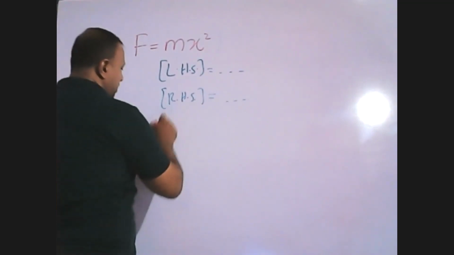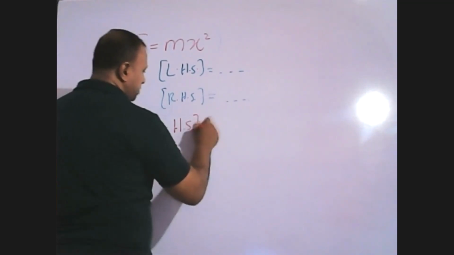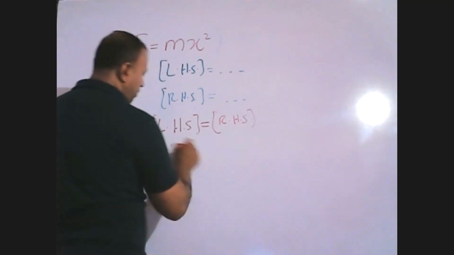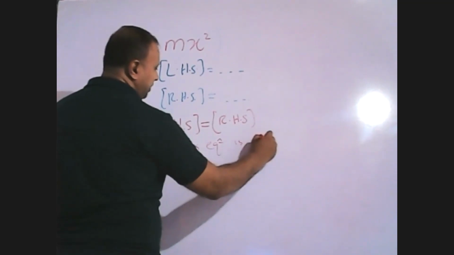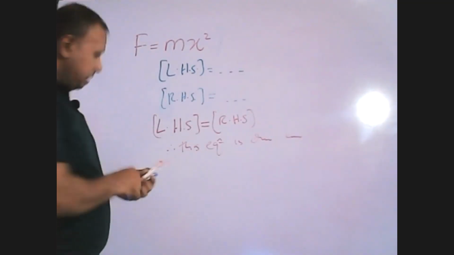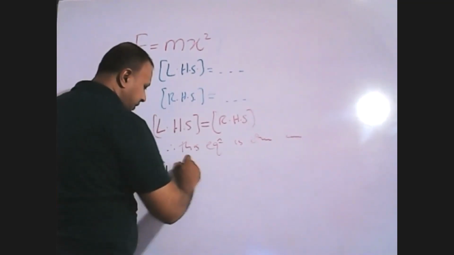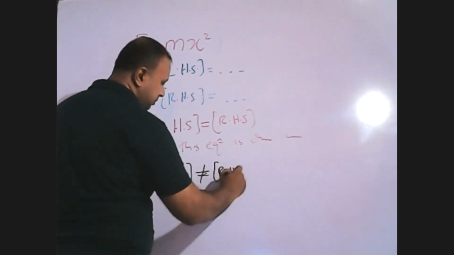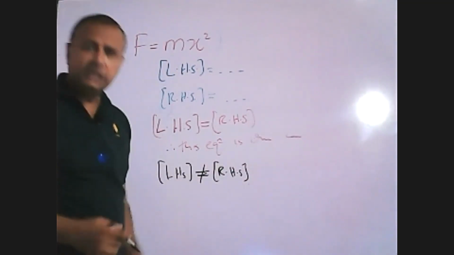That means if they are the same, you can write dimension of LHS equals dimension of RHS. Therefore, this equation is dimensionally correct. If not, you can write dimension of LHS is unequal to dimension of RHS. So this equation is incorrect.